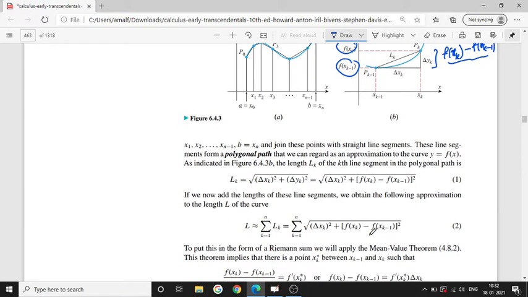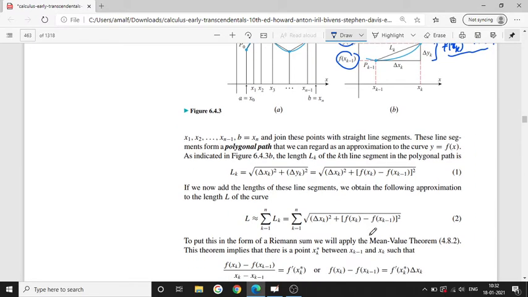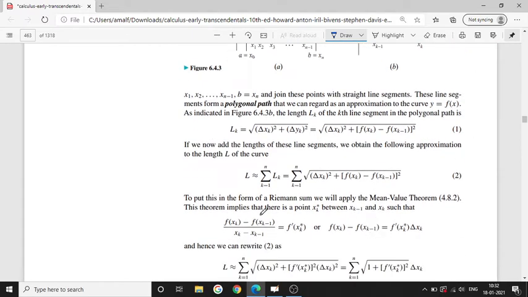Now the function we have taken is differentiable. Since it is differentiable, here you can use the mean value theorem. By the mean value theorem, the function is continuous and differentiable in the given interval. So f of xk minus f of xk minus 1 by xk minus xk minus 1 will be equal to f dash of xk star, where xk star is a point in the open interval xk minus 1 and xk.